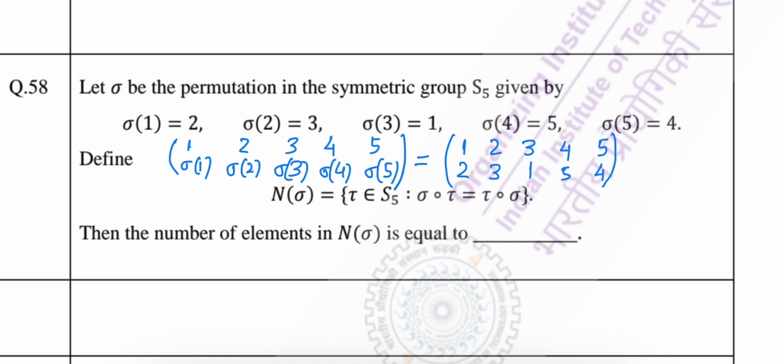Okay, so we got the element of this symmetric group S5, and now we see we should read this one. What does it say? It says this is our row. Okay, so we have to find tau, this tau, which commute.